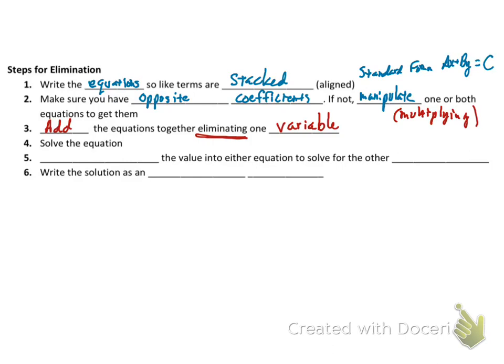And then it's just like substitution. We're going to substitute the value of that variable we found into either equation to solve for the other variable. And then last but not least, we are going to write that solution as an ordered pair.